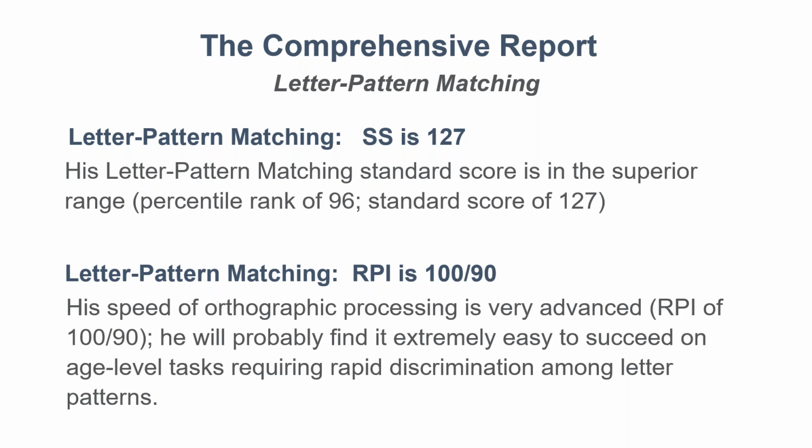For those of you who aren't familiar with the RPI, what that means is that when same age peers, if they ran age-based norms, when same age peers performed at 90% proficiency, this particular student performed at 100% proficiency. So this particular student is very advanced in the area of orthographic processing when comparing his performance to his peers.